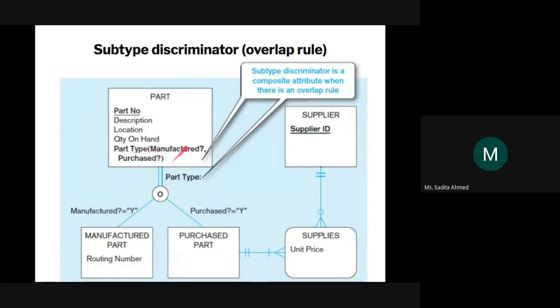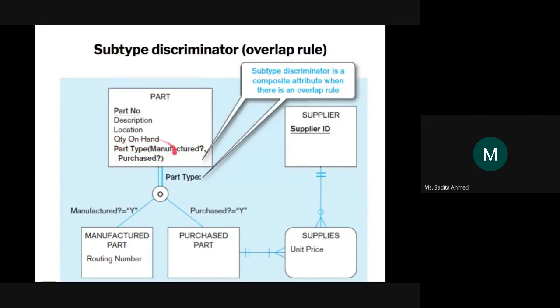Why? Because here, in case of the overlap rule, if the value of the manufactured component attribute is Y, then it means that that specific instance is manufactured. If purchased is N, that is not Y basically, then it means that it's not purchased and only manufactured.